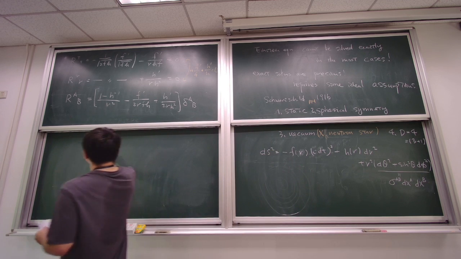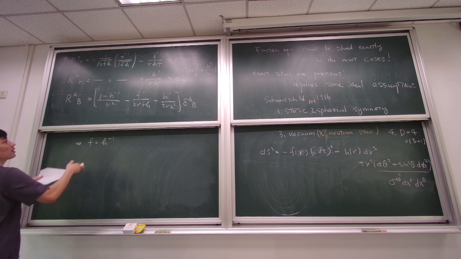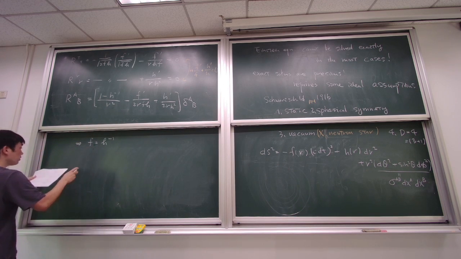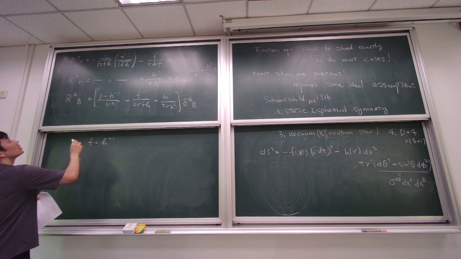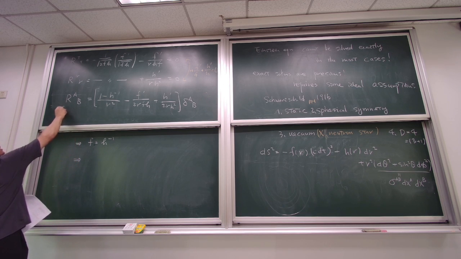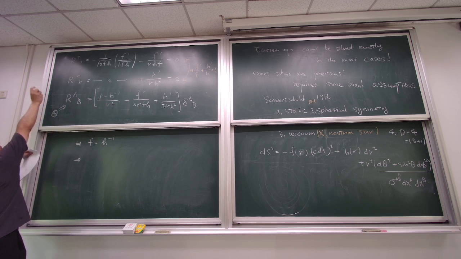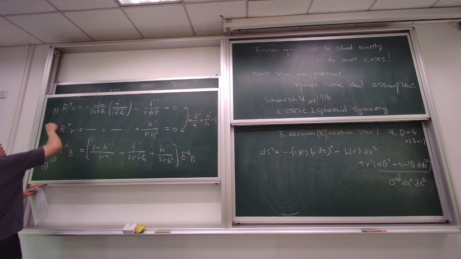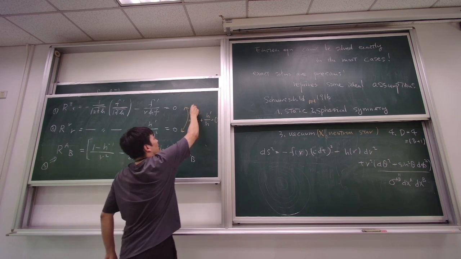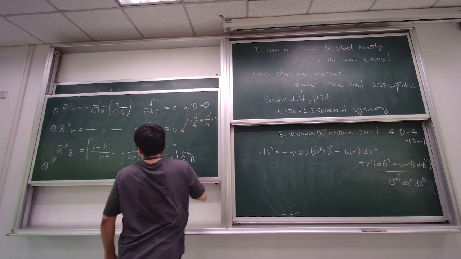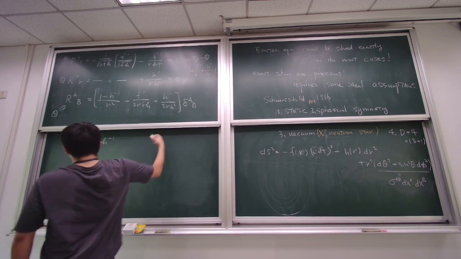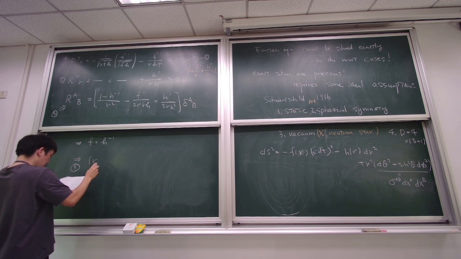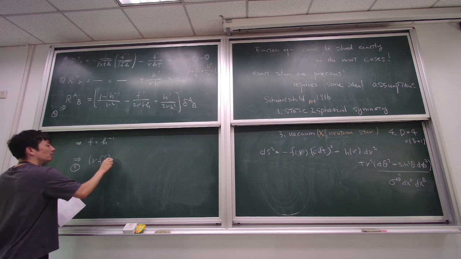So you will get this one. And plug this one into here. Let's go to number 3. Number 1, number 2 is there. Okay, so number 3, you get R f prime is equal to 1.